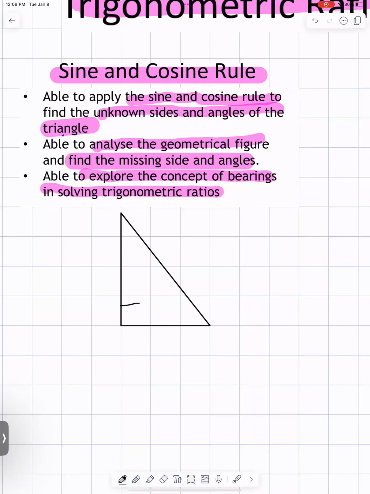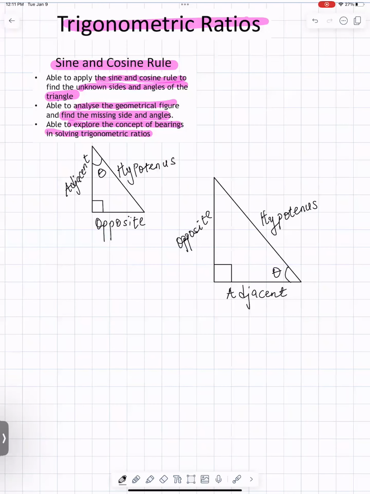If you look at the right angle triangle here, this is the angle at 90 degrees. We look at the longest side of a right angle triangle, which we call the hypotenuse. The hypotenuse is the longest side of your right angle triangle, so you should always watch out for it.